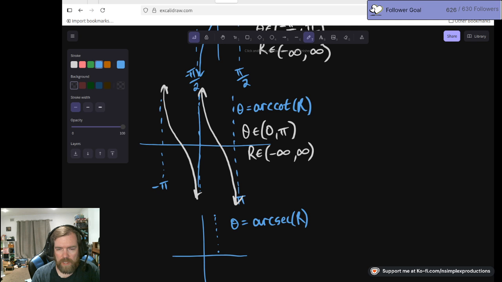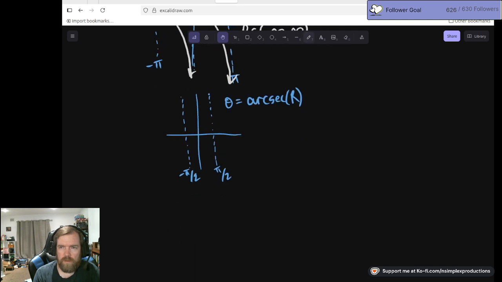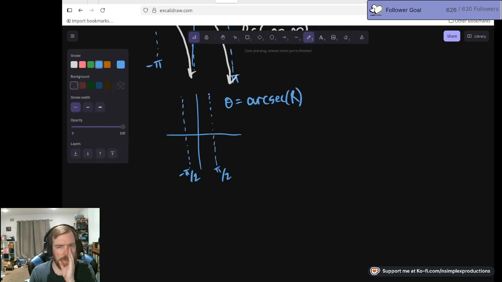So that is going to be at pi over 2 and negative pi over 2. And a secant has its value at 1 when our theta is 0.